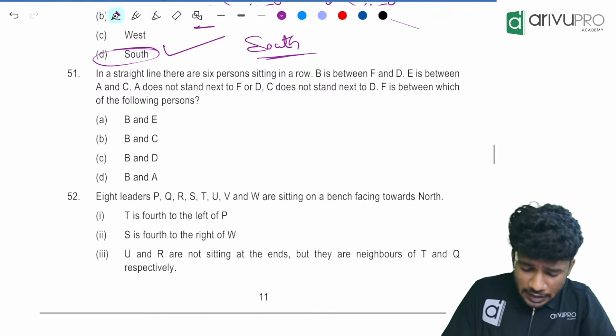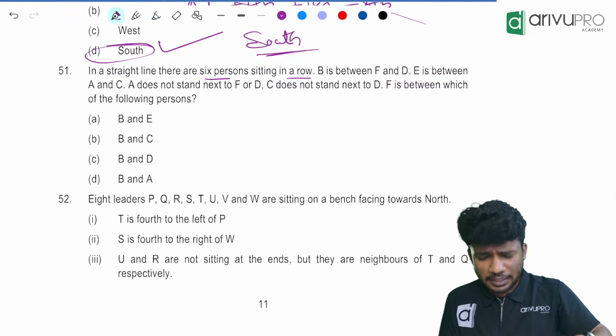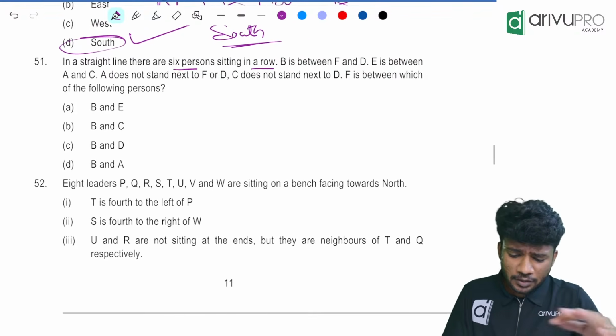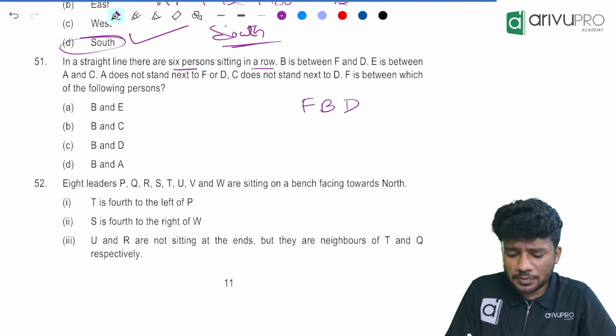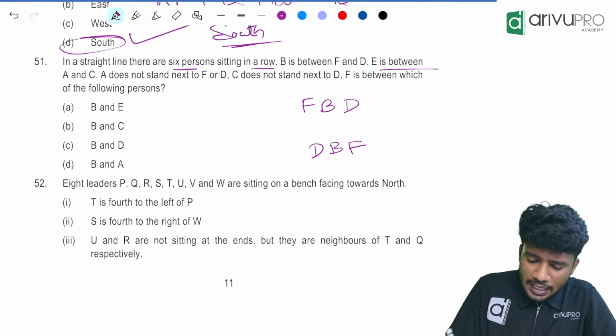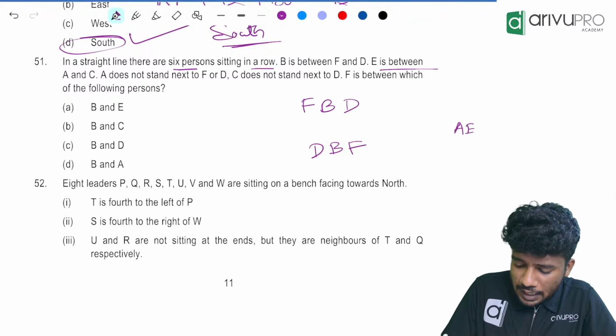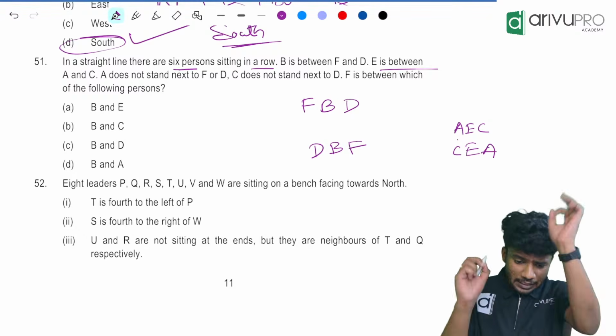51st question. In a straight line, there are 6 persons sitting in a row. How many people are there in total? 6 people are sitting in a row. B is between F and D. 2 possibilities. B is between F and D, or B is between D and F. E is between A and C. Either it will be AEC or CEA. Okay, then what is happening?